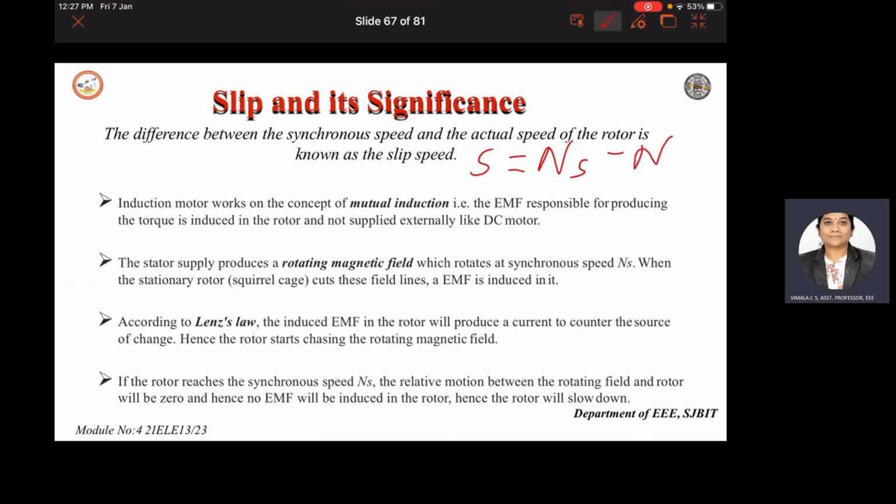The induction motor works on the concept of mutual induction, which we discussed previously, and the EMF responsible for producing the torque is induced in the rotor and not supplied externally like a DC motor.